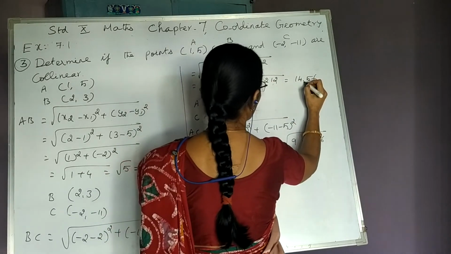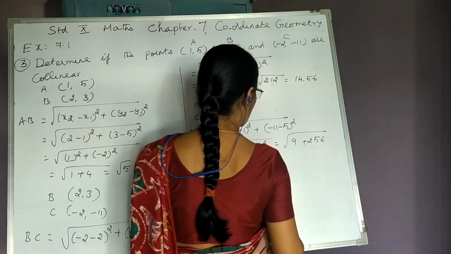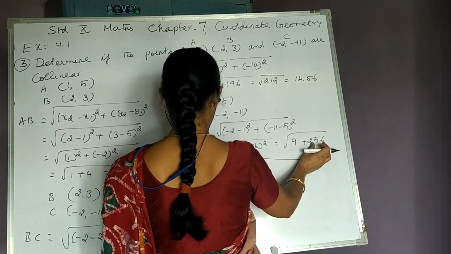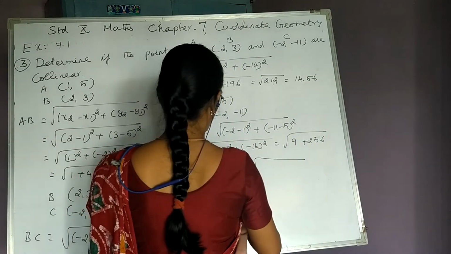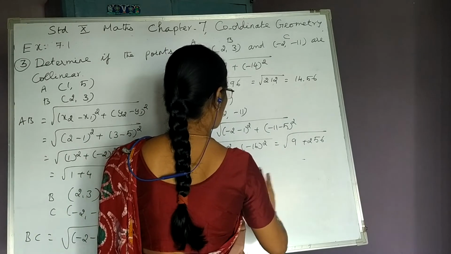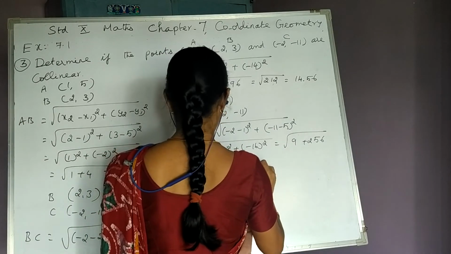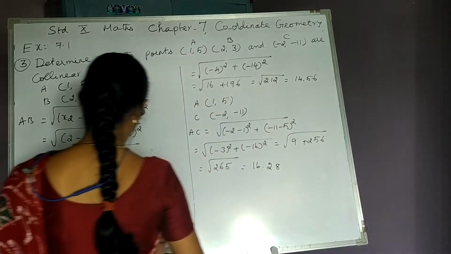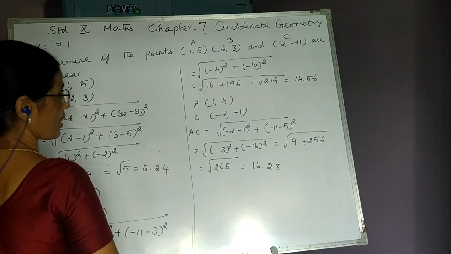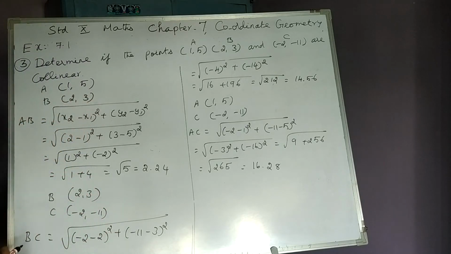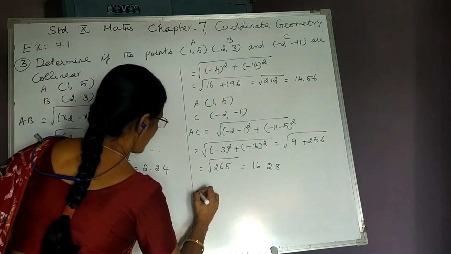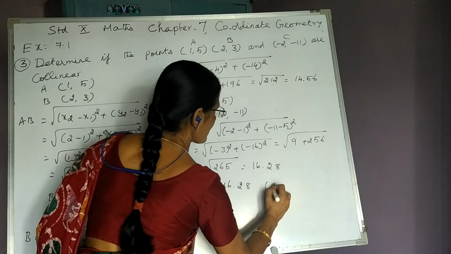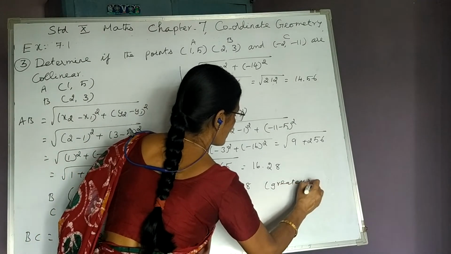The remaining number, if you see, gives 0.56. And here it is 265. 256 is the square of 16. 265 is 16 plus 4, it is 16.28. All the three numbers are found approximately only. So among the three, the greatest is 16.28. AC equals 16.28. This is the greatest of the three.